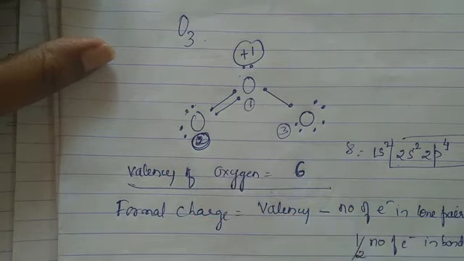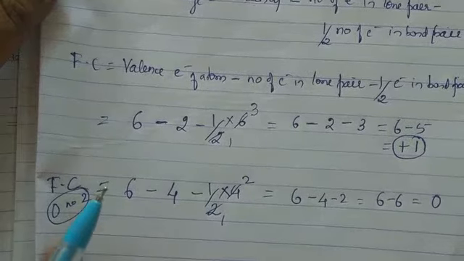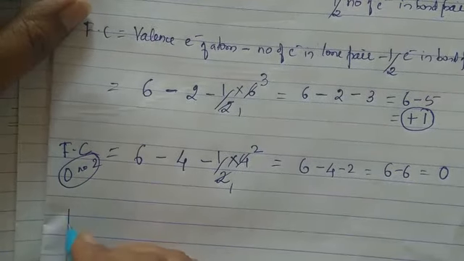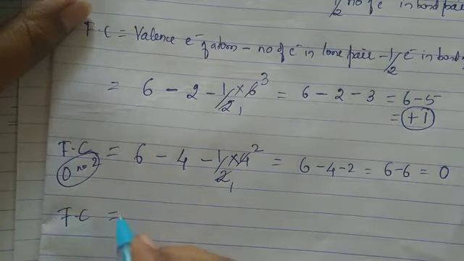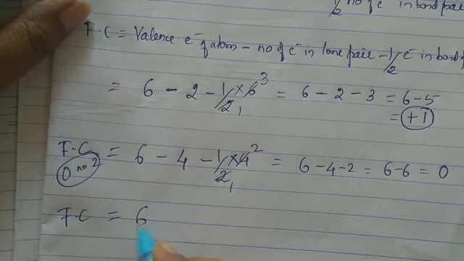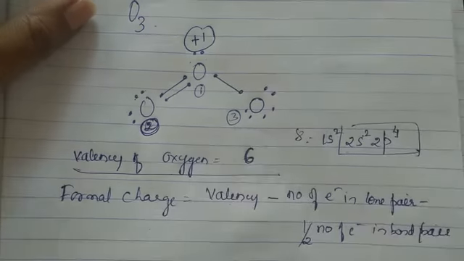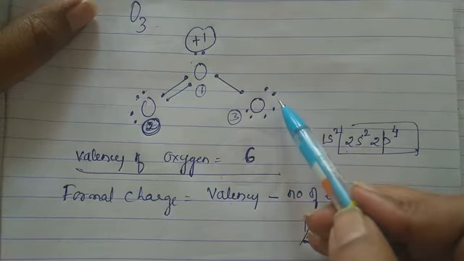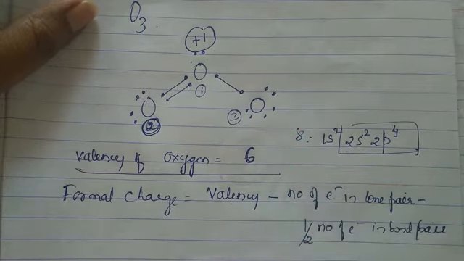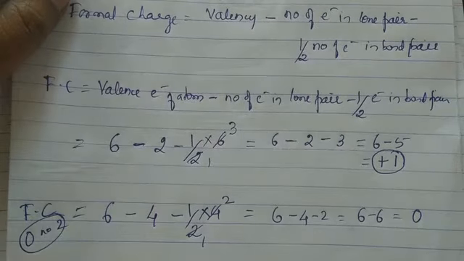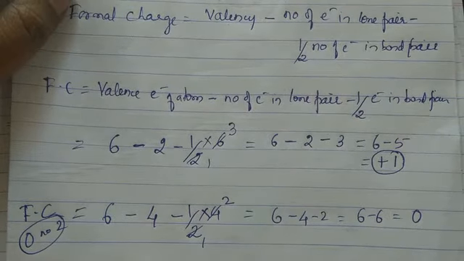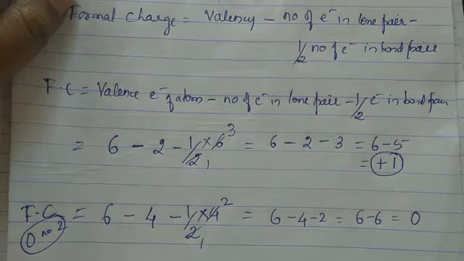So we shall calculate for the third one. Okay. So the formal charge of oxygen numbered 3. Total valence electrons 6, minus the number of electrons involved in the lone pair. How many? 1, 2, 3, 4, 5 and 6. So 6 minus 6, minus half of the electrons involved in bond pairing.